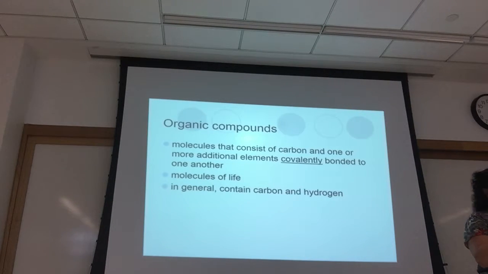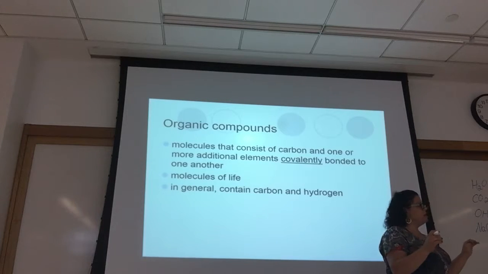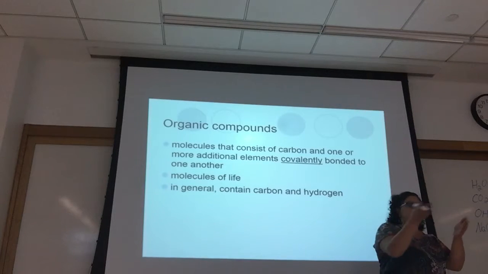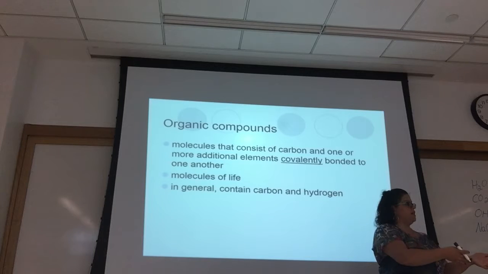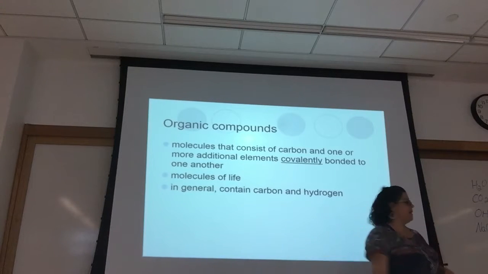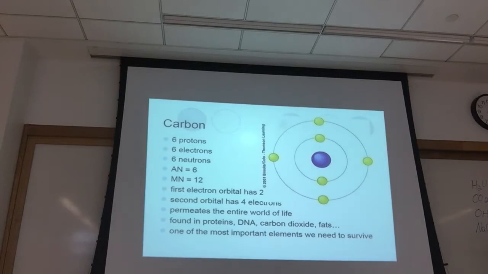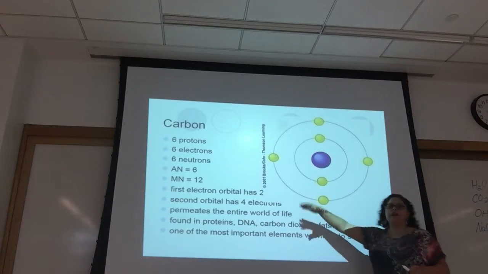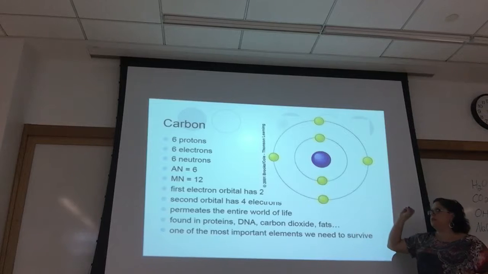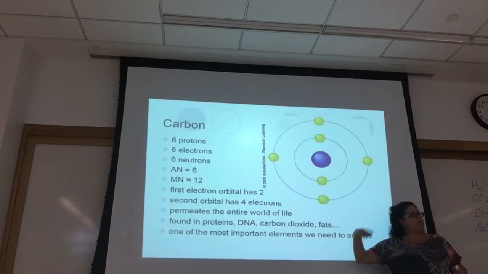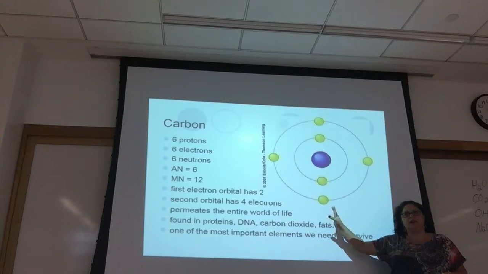In each of those, there's carbon covalently bonded to hydrogen. They're all organic. We've already looked at carbon and the arrangement of the electrons and the protons and atomic number and mass number and all that. So are there questions on any of this?